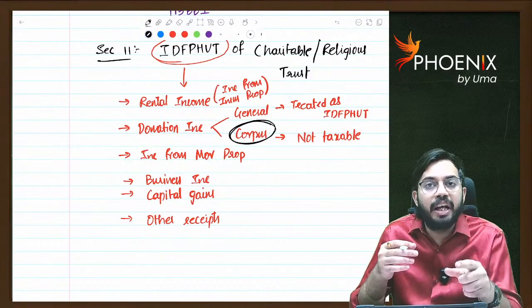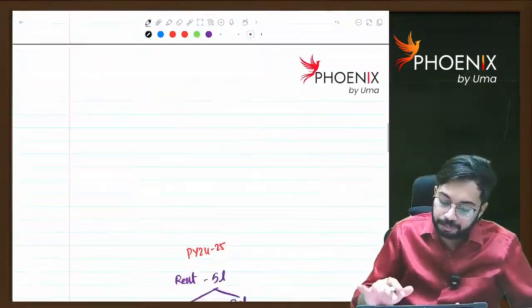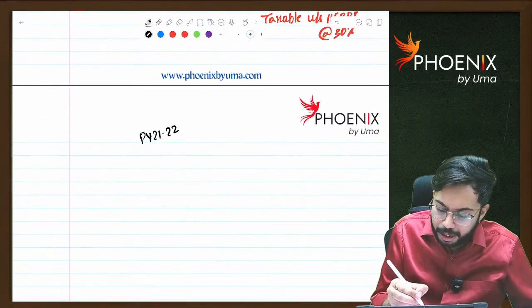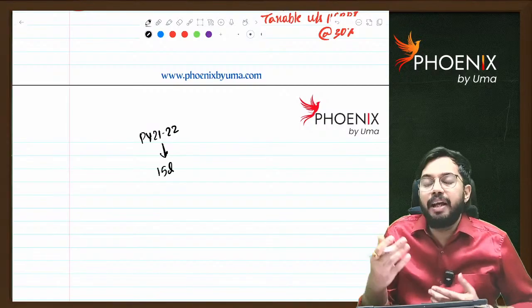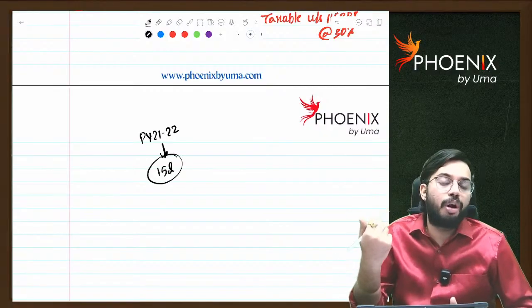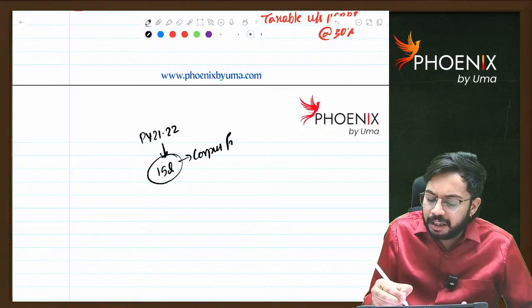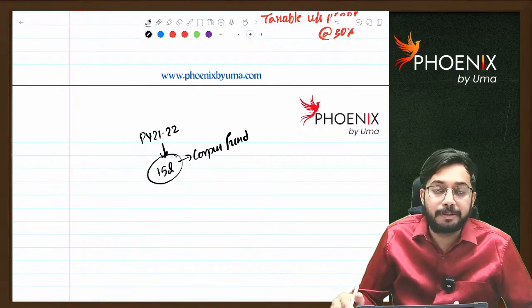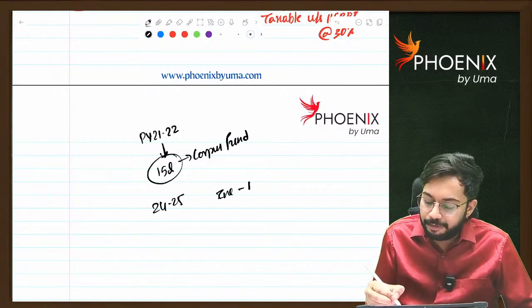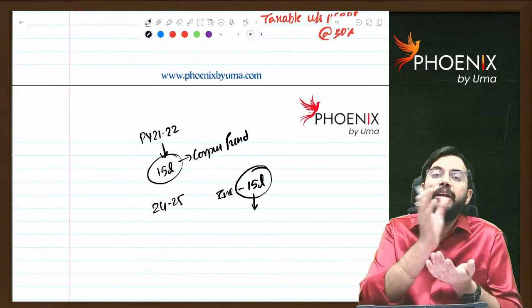So in the year in which you take the amount out of corpus fund, say previous year 21-22, 15 lakhs, like we are discussing the Umasankar Trust, 15 lakhs was taken out of the Umasankar Trust corpus fund, and this amount is used for payment of all expenses. In 24-25, I got income of 15 lakh rupees. This 15 lakh rupees I have used for repaying to corpus fund.